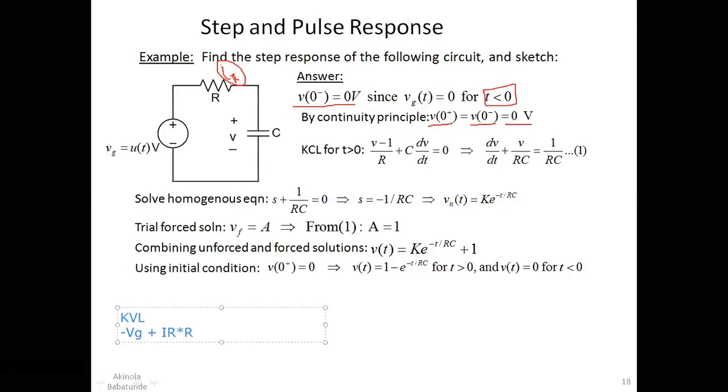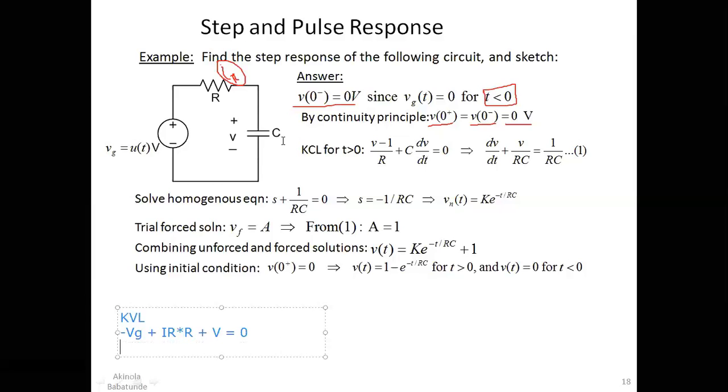Here, IR represents the current passing through R. Then the other voltage we have is the voltage across the capacitor, plus V. Everything, if you add them together, should be equal to 0 according to KVL.